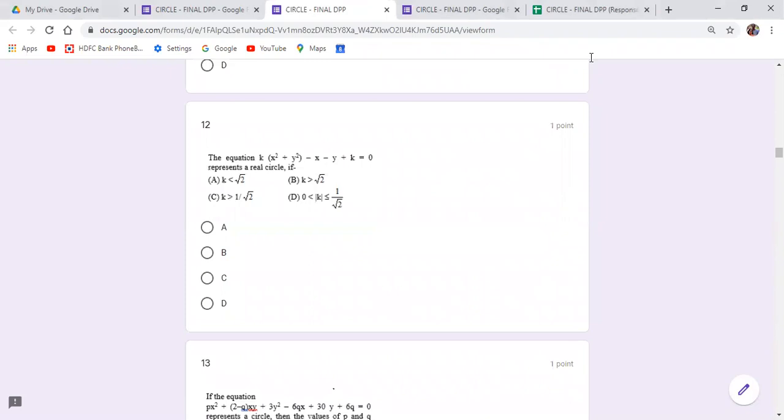This is a good one. What are the equations of the circle? x squared plus y squared minus x upon k minus y upon k plus 1 equals 0. So the center of the circle is 1 by 2k and 1 by 2k. Do you agree with this? Yes.